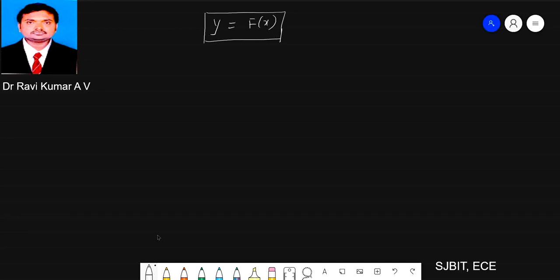In this, we are going to discuss how any Boolean equation can be represented as a switching equation or a Boolean function. So the concept is switching function.